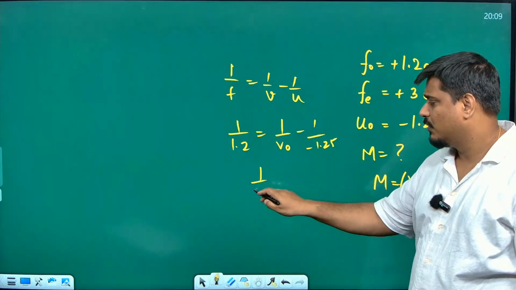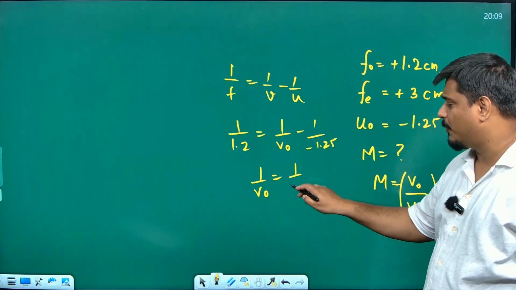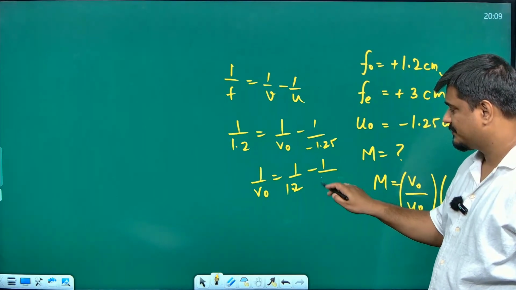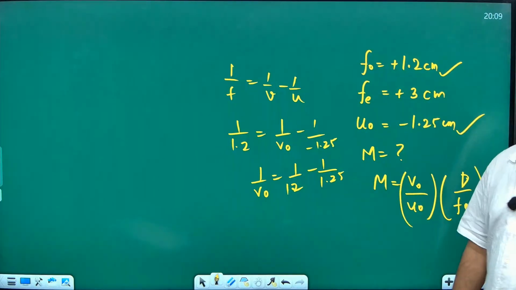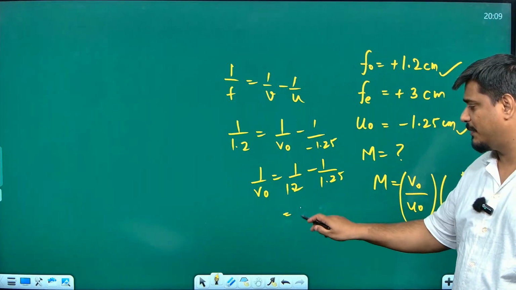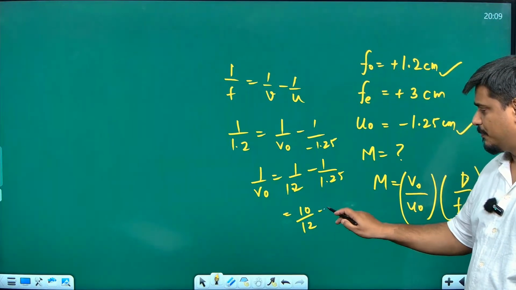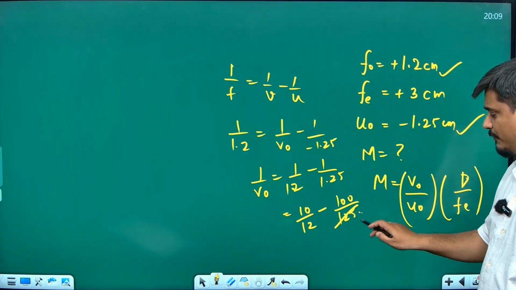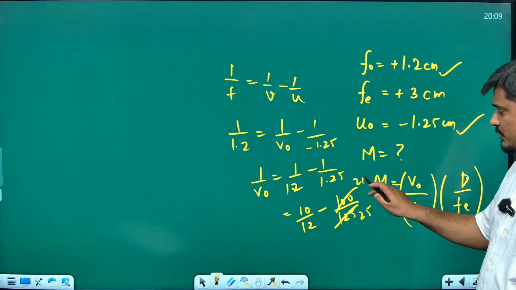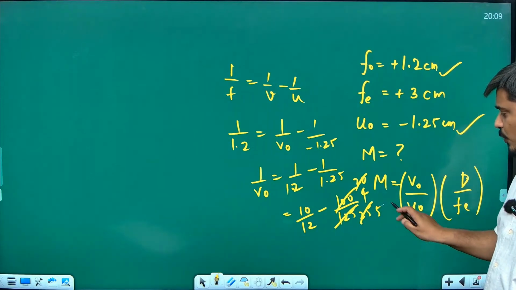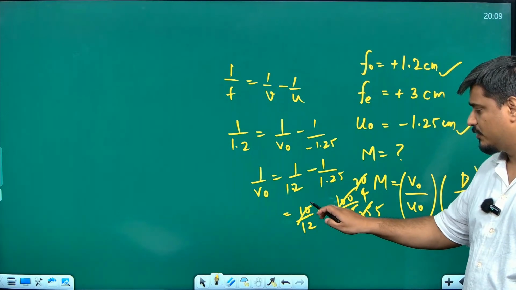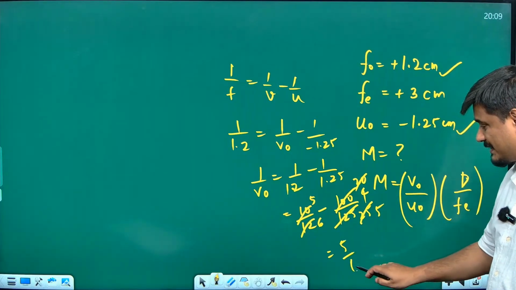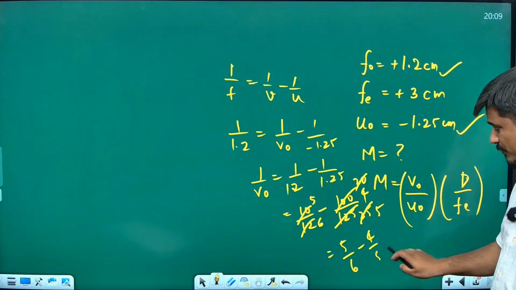Solve this. 1 by VO will become equal to 1 by 1.2. I'll do that in the next step. Next I'll take it as 10 by 12 minus 100 by 125. 5 2s are 10, 5 4s are 20. So I'm going to get 5 by 6 minus 4 by 5, if I am right.